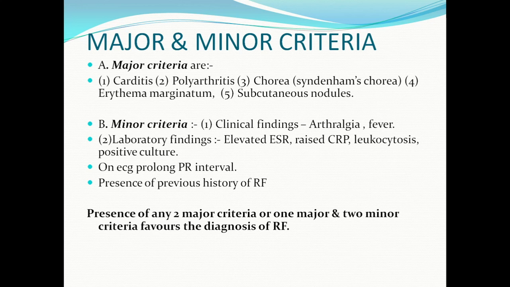This revised Jones criteria is divided into two parts, major and minor. The major are five, and minor are related to clinical findings, laboratory findings, and previous history of rheumatic fever. If any two major criteria, or one major and two minor criteria, are present at the same time, it favors the diagnosis of rheumatic fever.